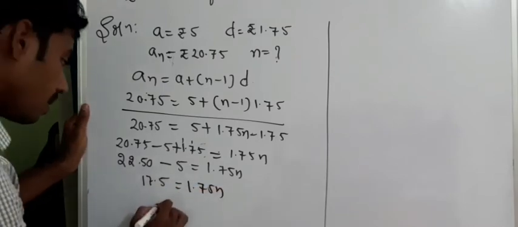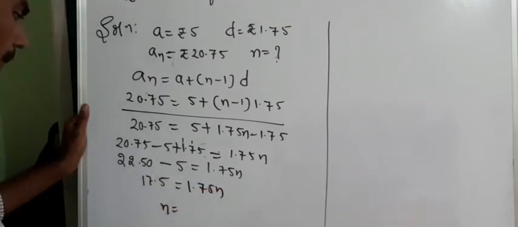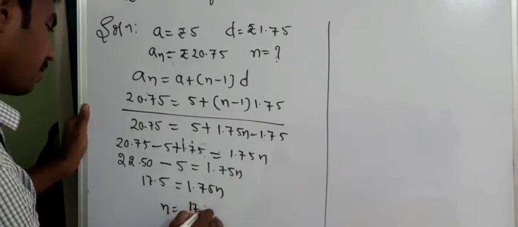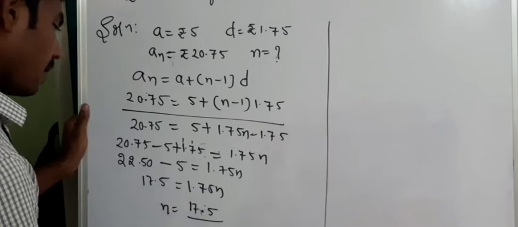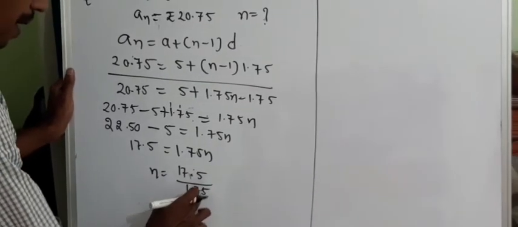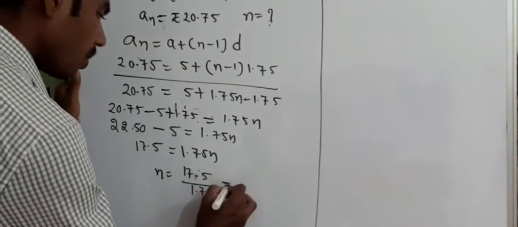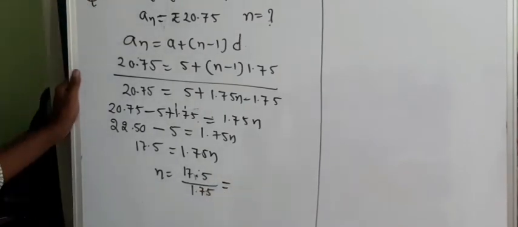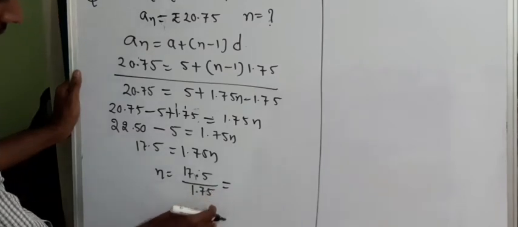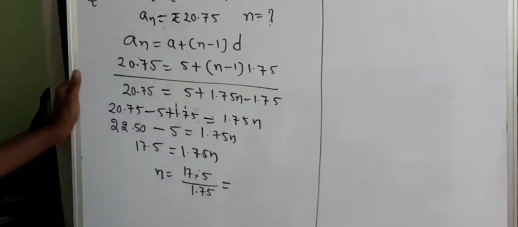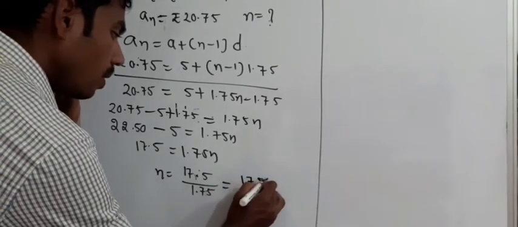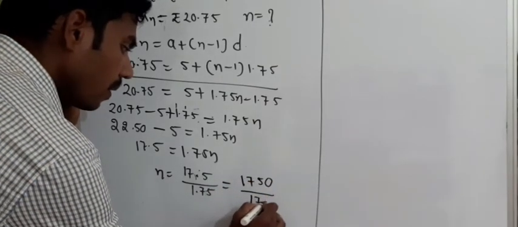So n is equal to 17.5 divided by 1.75. To remove the decimal, what can I write? After the decimal, 2 digits are there in the denominator, and 1 digit in the numerator. So 1750 divided by 175.